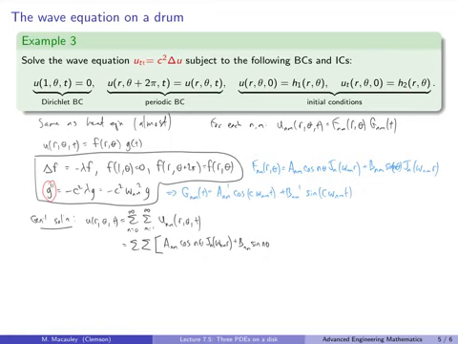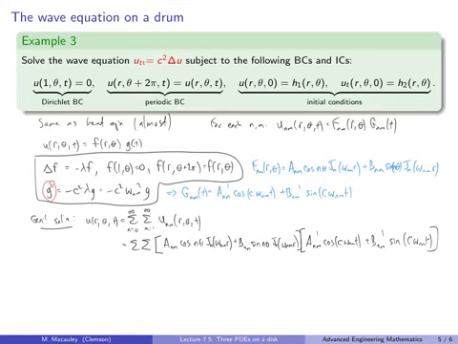Sine of n theta times J n of omega nm r times the same thing, well, actually not the same thing, A nm prime cosine of c omega nm t plus B nm prime sine of c omega nm t.